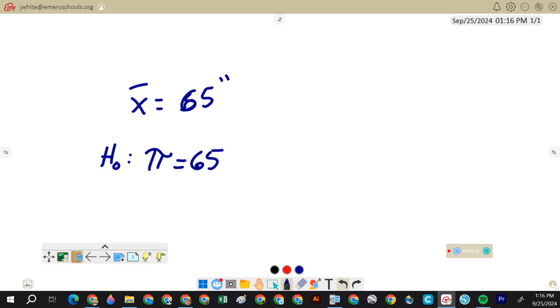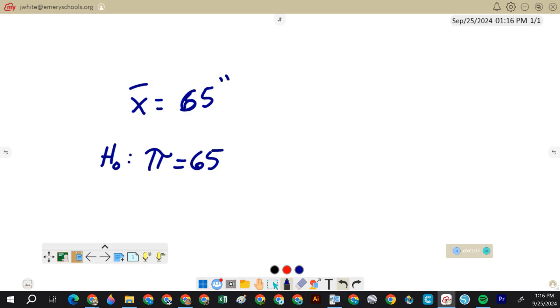But what is my alternative hypothesis? I don't know. It's not equal to. Do I have any reason to assume that my sample is going to be less than 65?